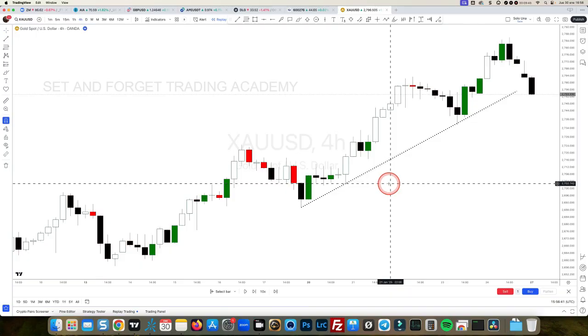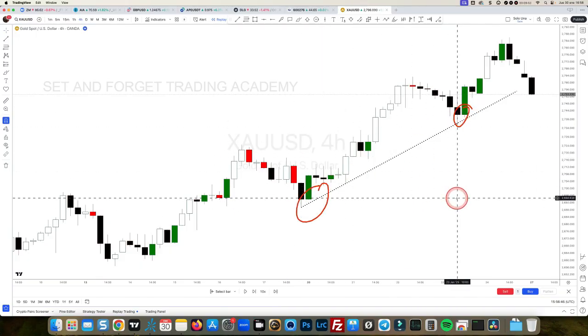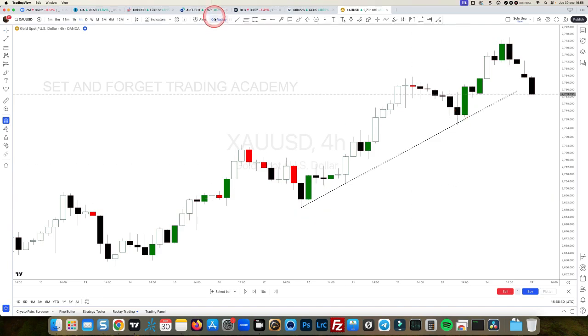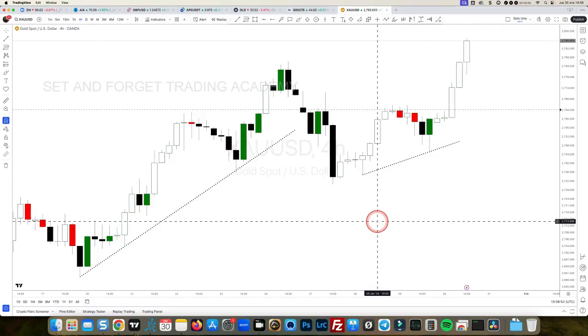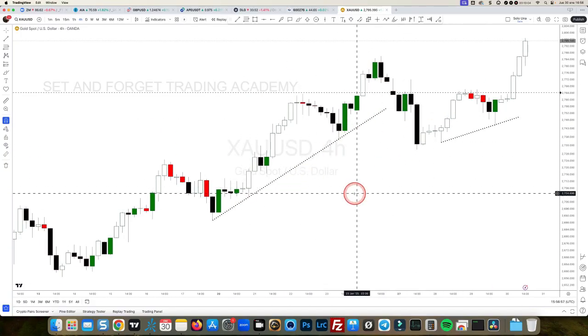This would be the latest valid trend line because it is the one that connects the 2 consecutive valleys. So let me undo the replay. So these are the two latest trend lines for the 4 hour.